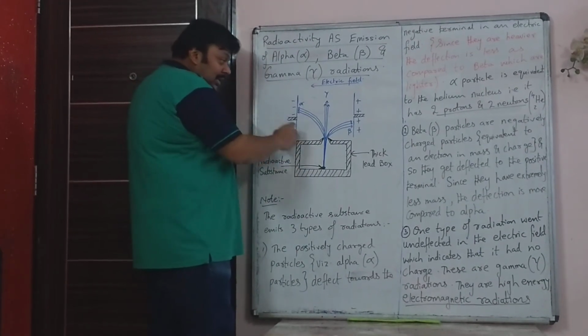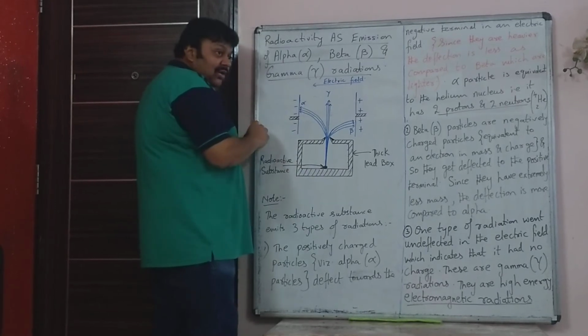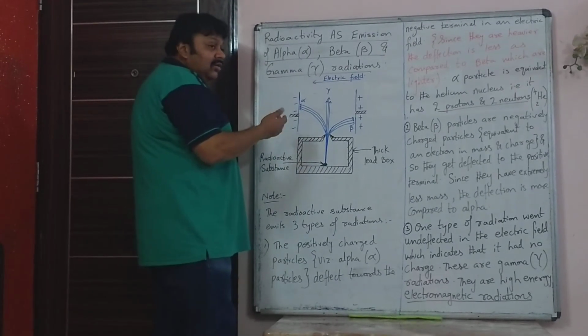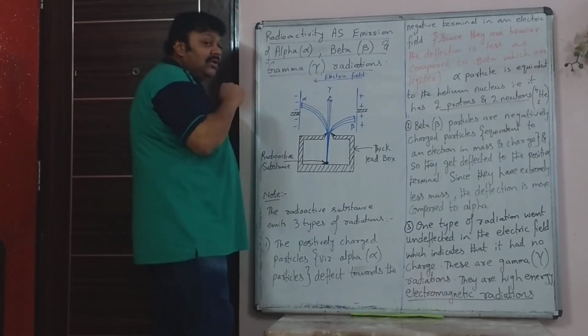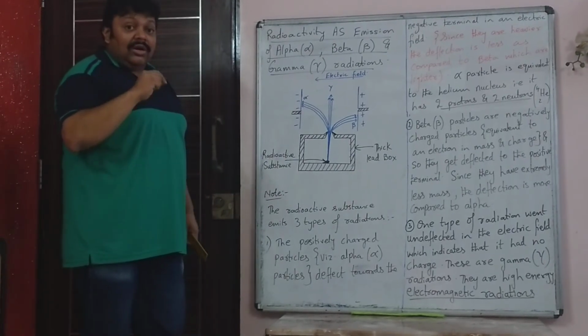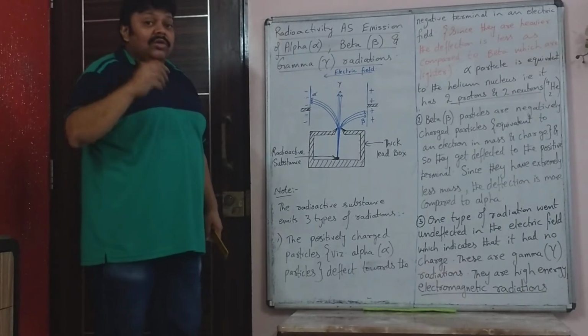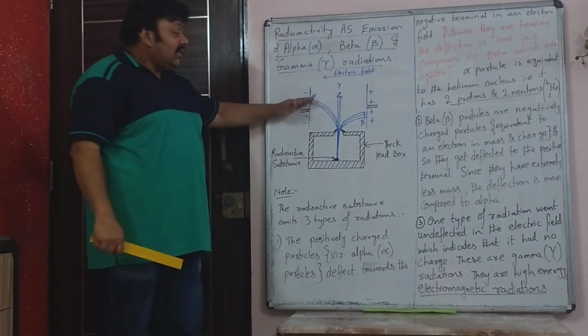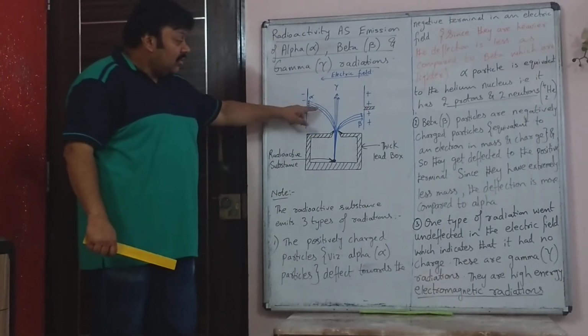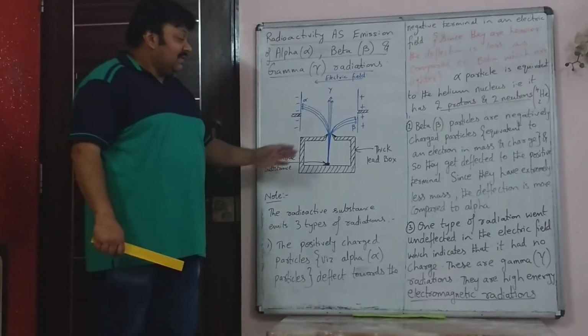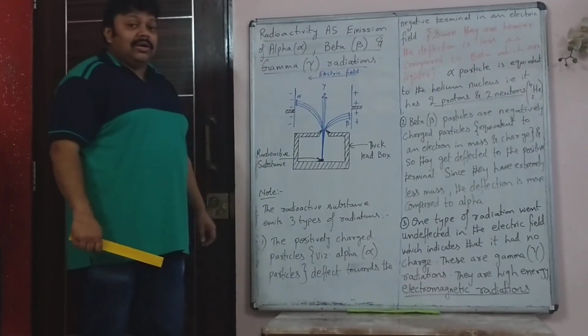Whereas the alpha particles are heavier. They are equivalent to the helium nucleus, 2 protons and 2 neutrons, so they have some mass. That is why the deflection happens a little slower and the deflection is less as compared to the beta particles.